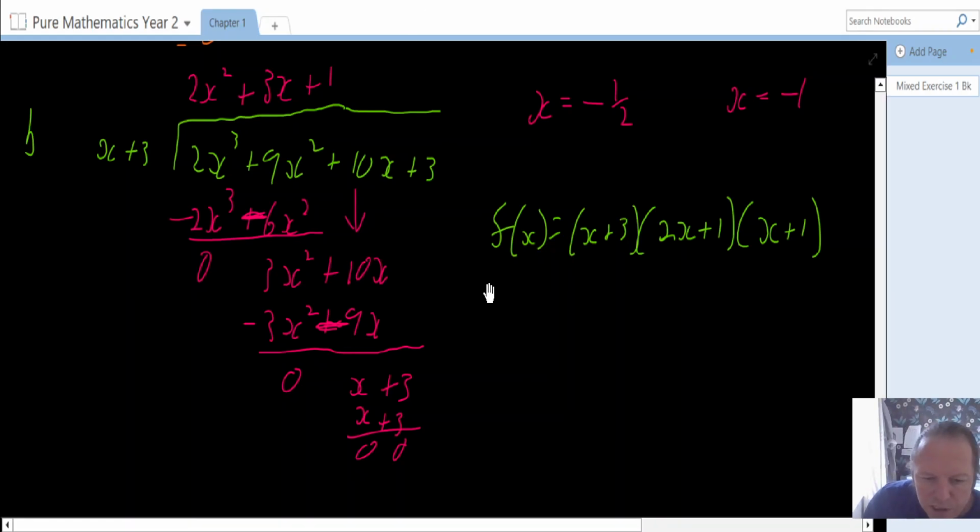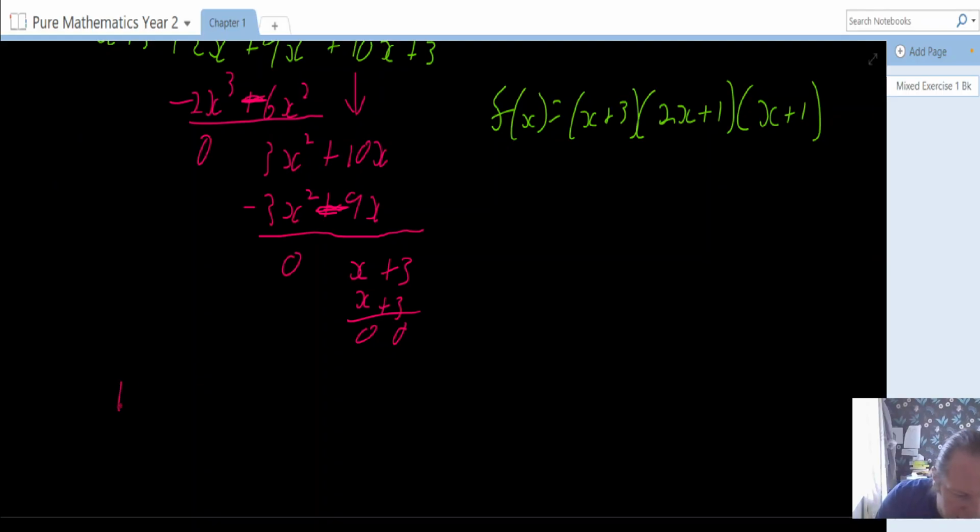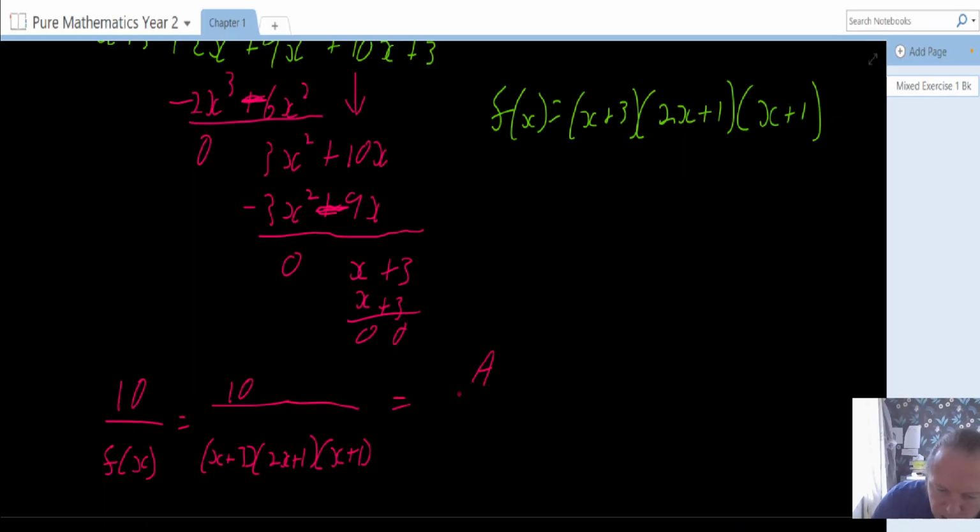Okay, what does that mean? That means 10 over f of x is equal to 10 over x plus 3, 2x plus 1, x plus 1, and that means it could be equal to a over x plus 3 plus b over 2x plus 1 plus c over x plus 1.